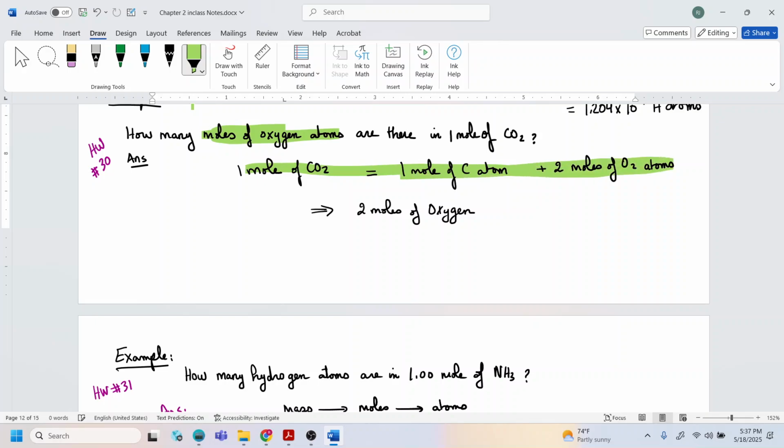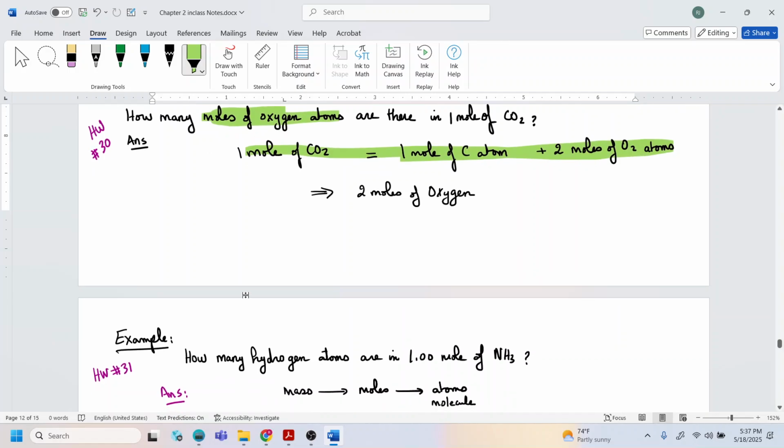Here, I'm not asking about the moles of the hydrogen atoms, because if I were, it would be 3. I am asking about the hydrogen atoms, so please pay attention. This one I need to do a calculation for.